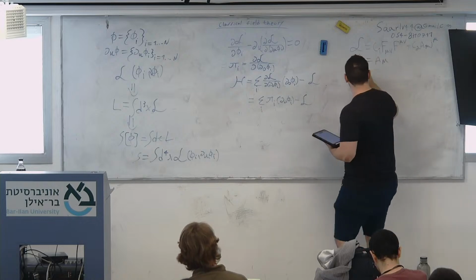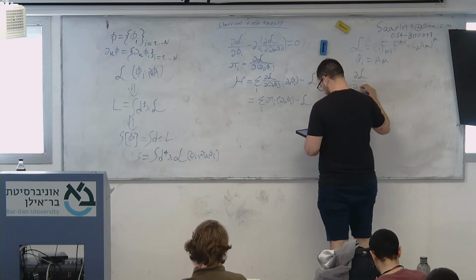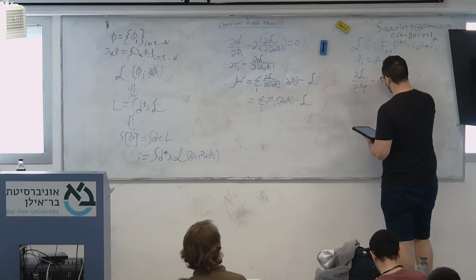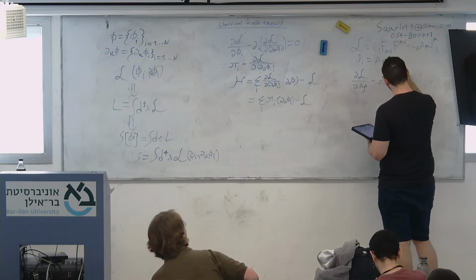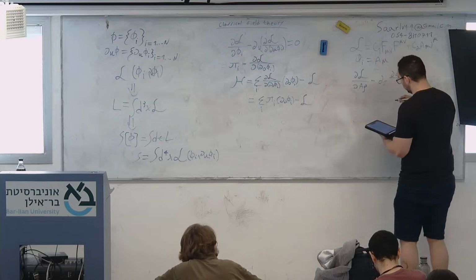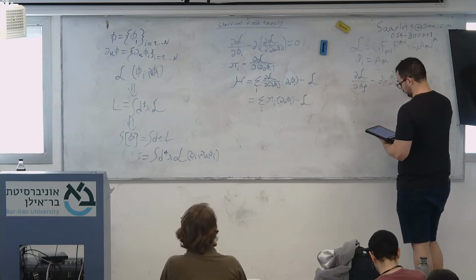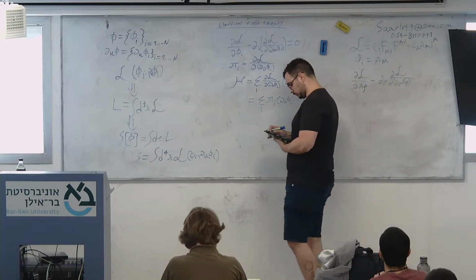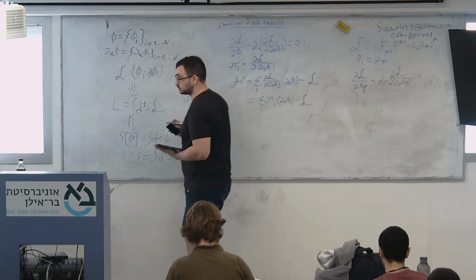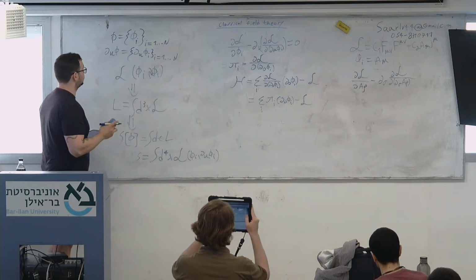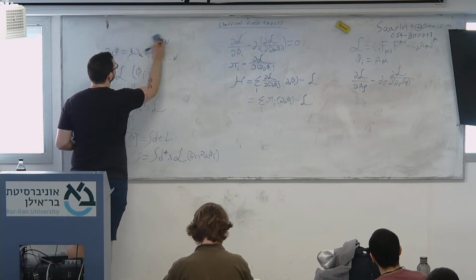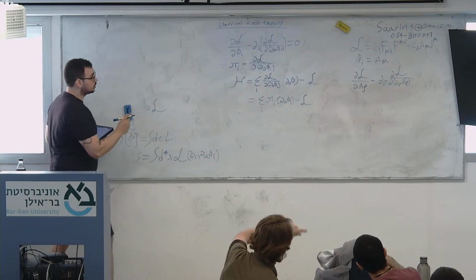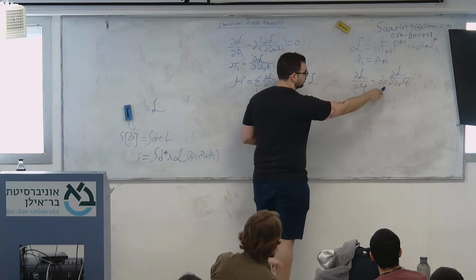All right, so now we can see A_rho, sigma.